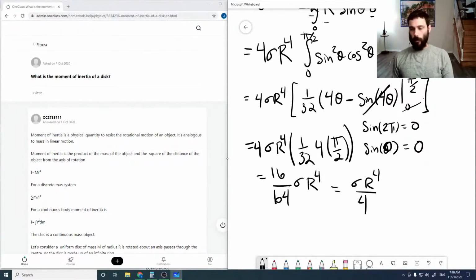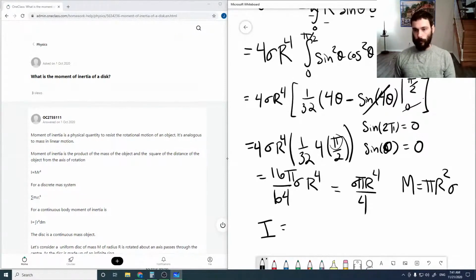And again, from before, our entire mass is pi R squared, and I dropped a pi, so there should be a pi in there and a pi in there. Right, so there's that pi I dropped. Pi R squared sigma. So there's our sigma pi R squared, and so then our moment of inertia is M R squared over 4.